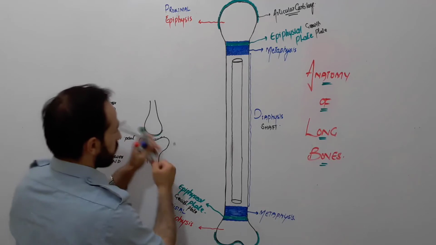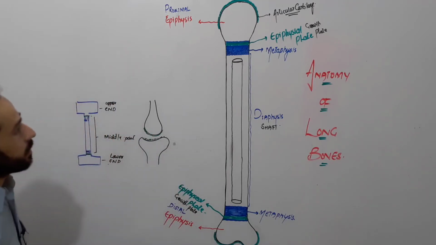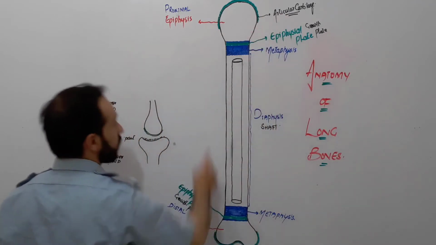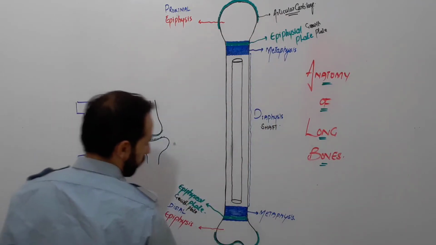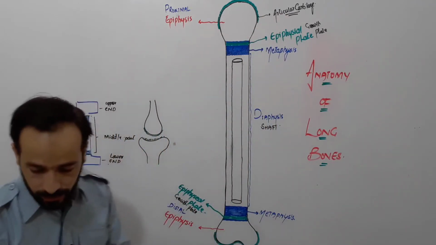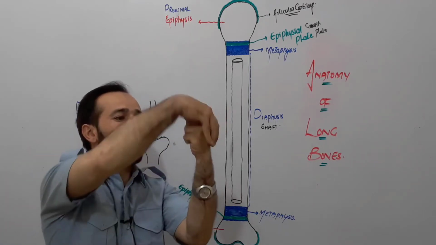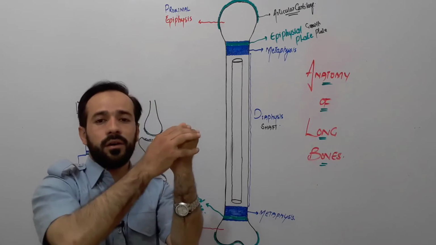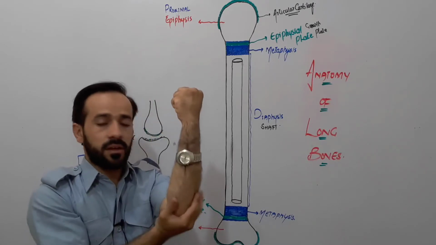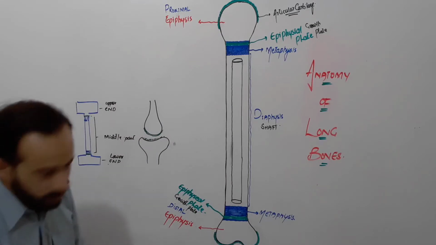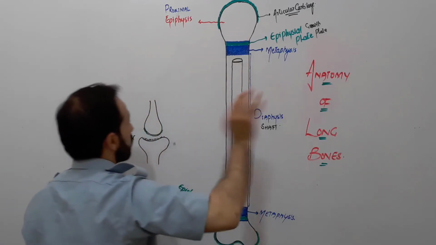So this cartilage helps in the movement of the joint. It is on the proximal epiphysis and on the distal epiphysis. For example, this is the head of the bone, so this articular cartilage is all around this head, the proximal epiphysis, and also all around the distal epiphysis, right, friends? Done. The articular cartilage is also done.